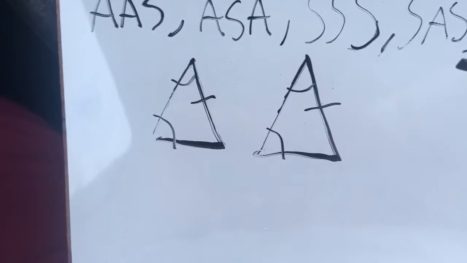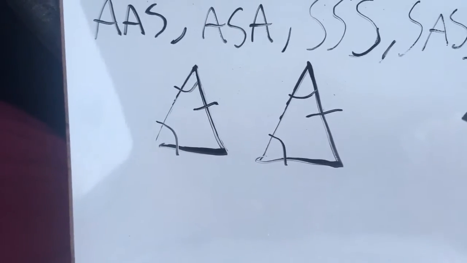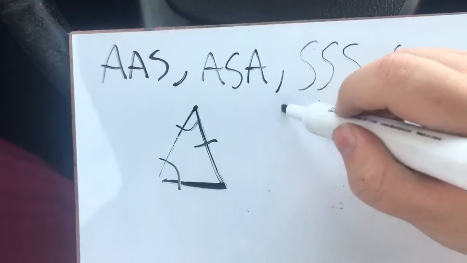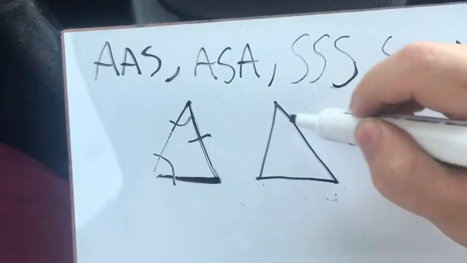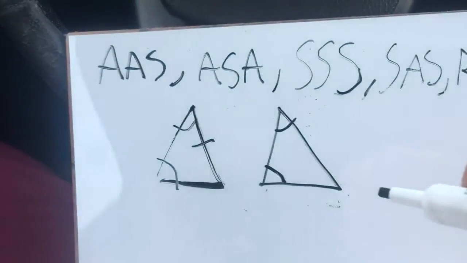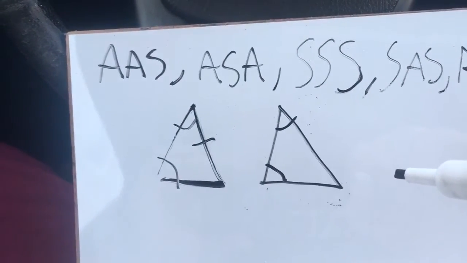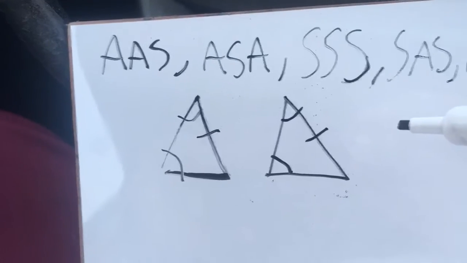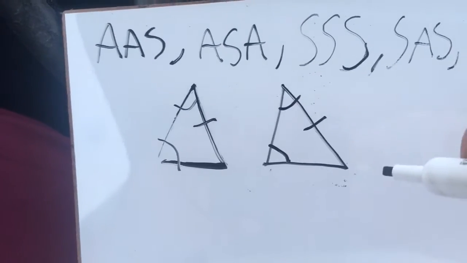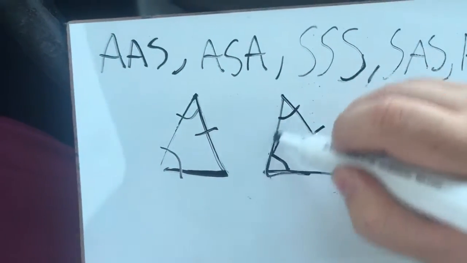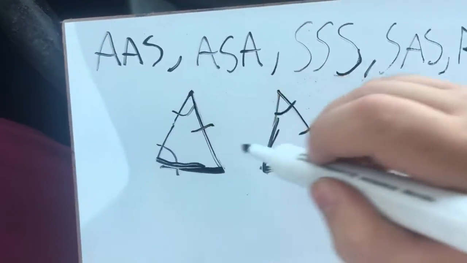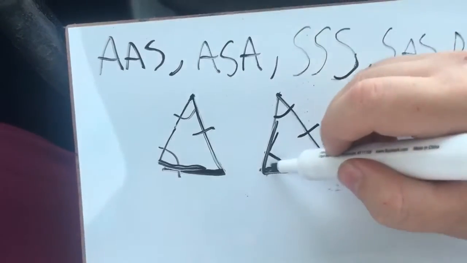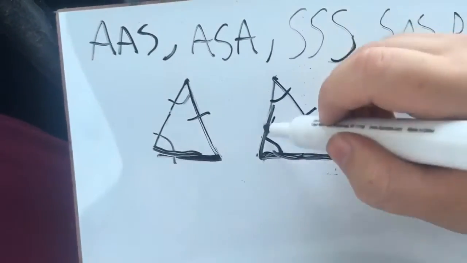So anyway, let's erase this triangle, and let's say this angle and this angle are equal, then this side must be equal, because this angle opens up the same as this one, and this side length, let's see, this angle opens up the same as this one.